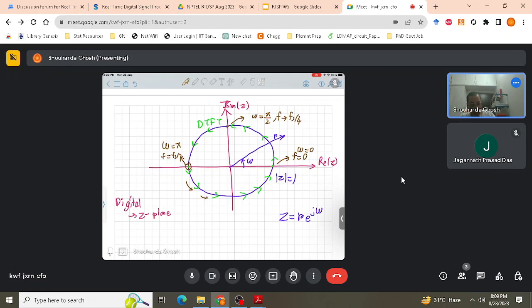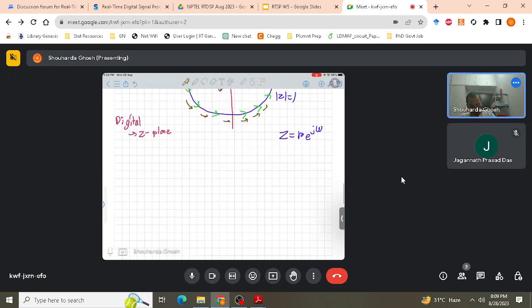It's almost like a mirror image of the upper half of the z plane. But now you see X of omega lies between 0 to 2 pi, and for our convenience we shall evaluate it between 0 to pi, and then by virtue of conjugate symmetry, if we are analyzing real signals, pi to 2 pi can be easily obtained by the mirror symmetry.